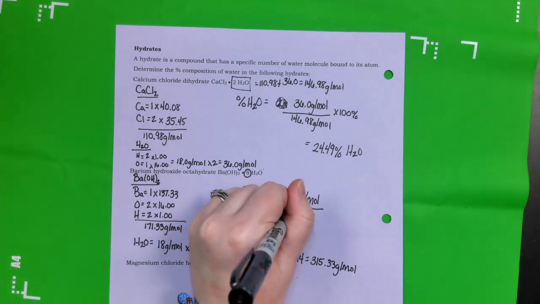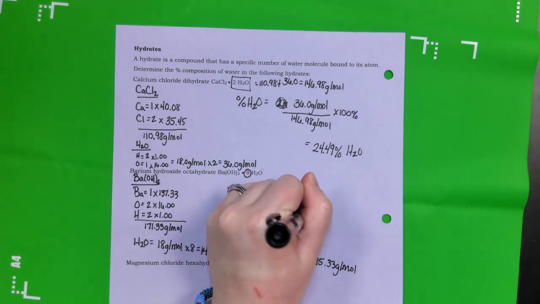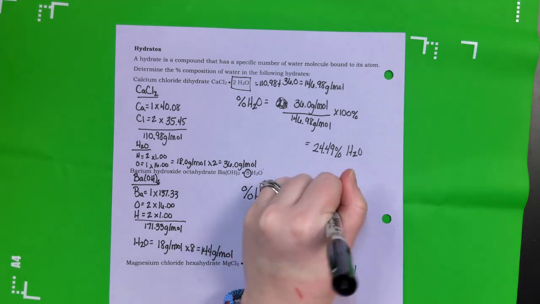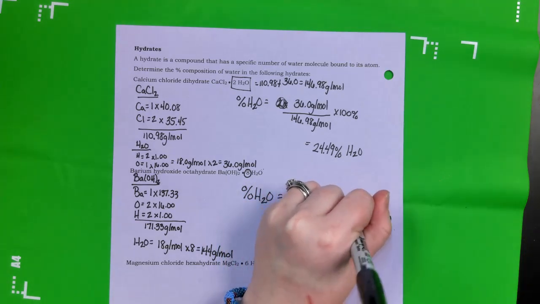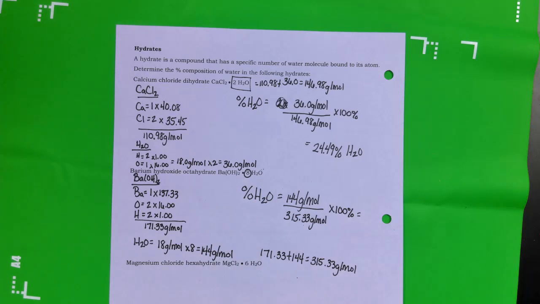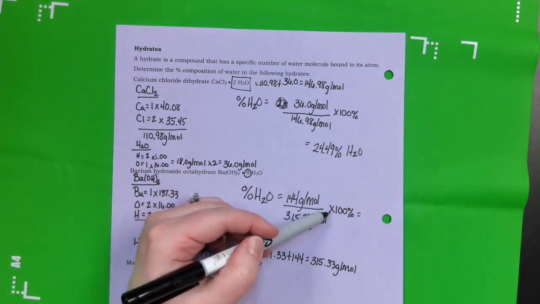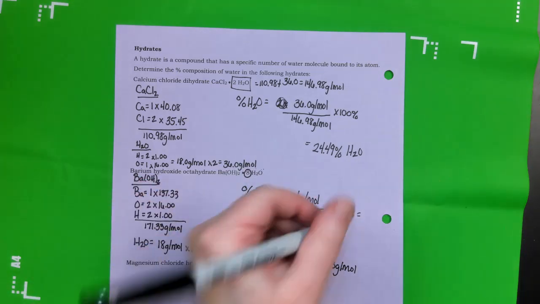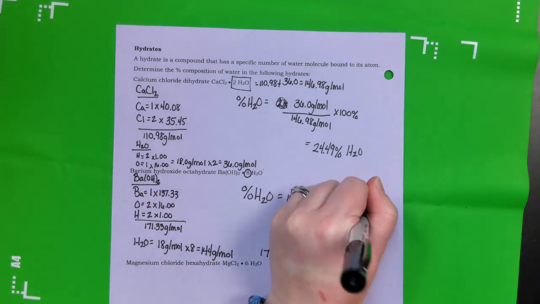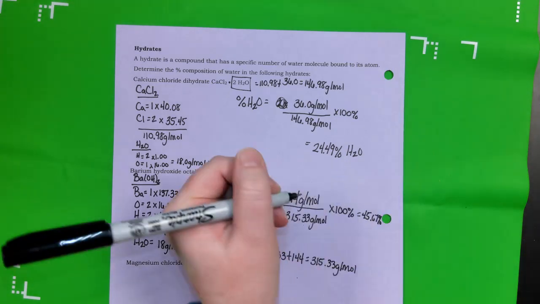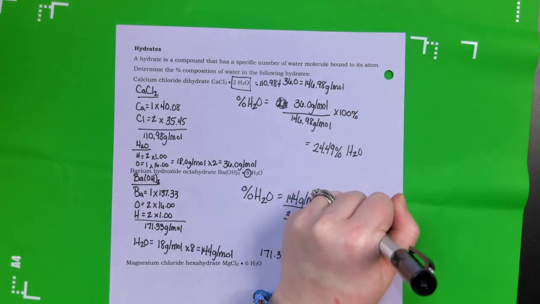So I substitute that into the bottom. Multiply by 100. Doing my division and then my multiplication step, I get an answer of 45.67%, and both of these are percent water.